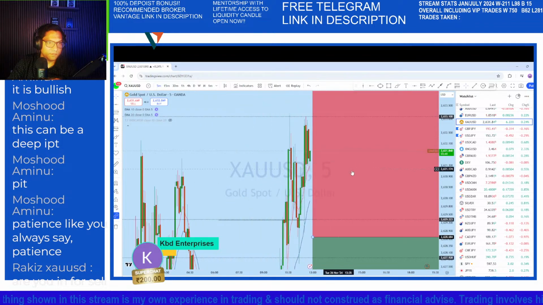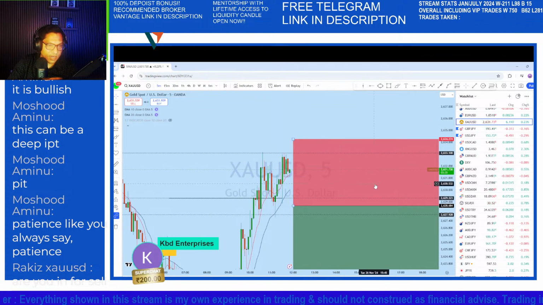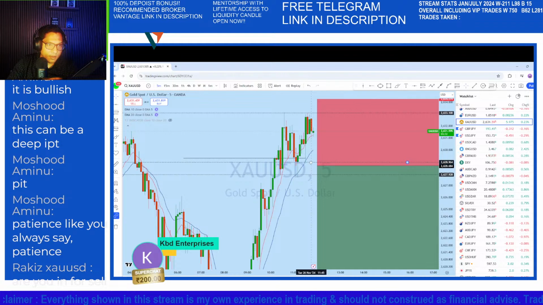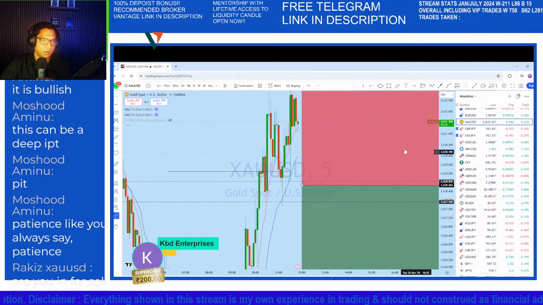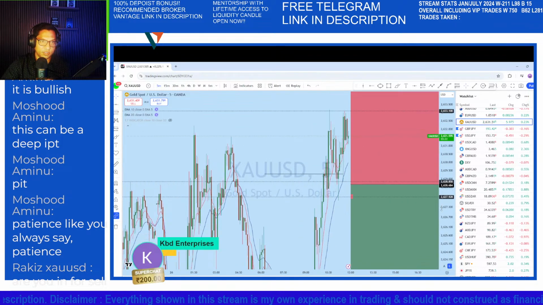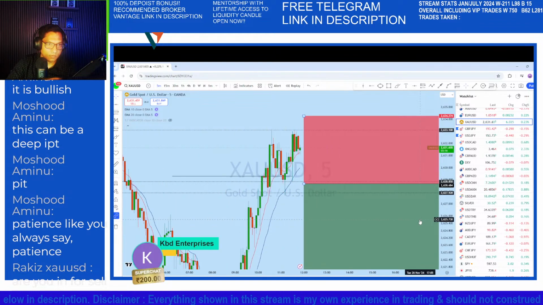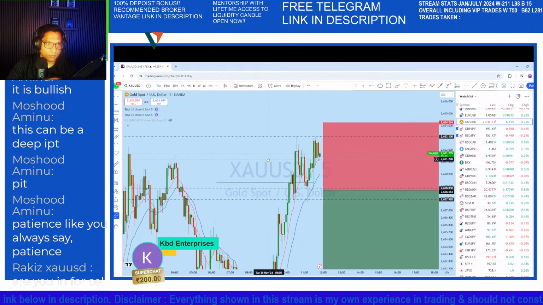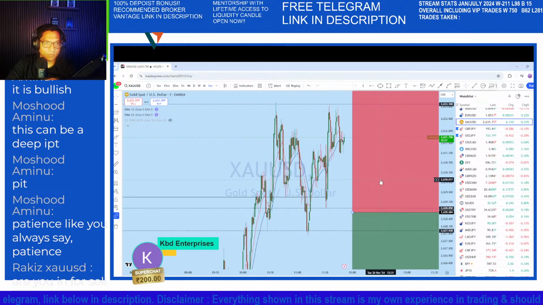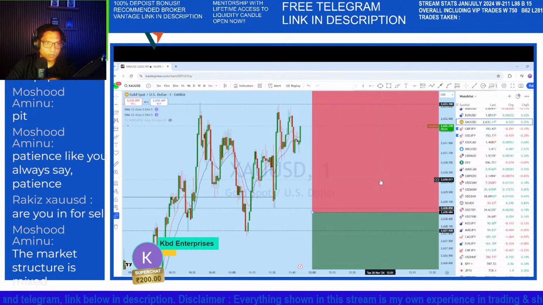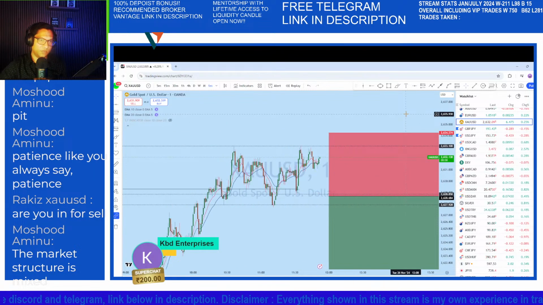Look at the 5 minutes. The market structure on 5 minutes is sideways, and this is the 5 minute support here at the 2628 level, as it is consolidating in that area. Unusual market structure formation here.